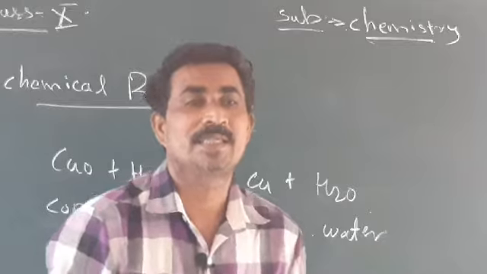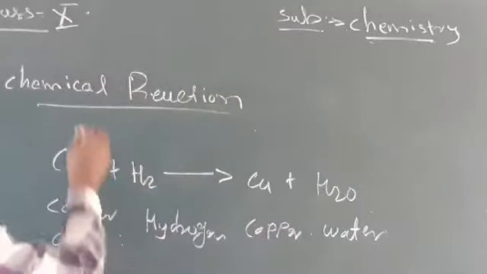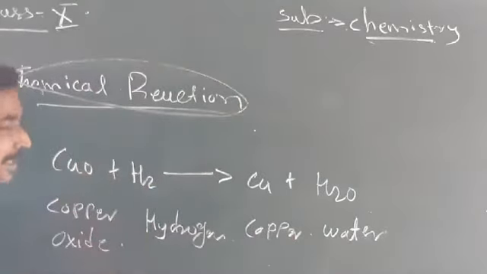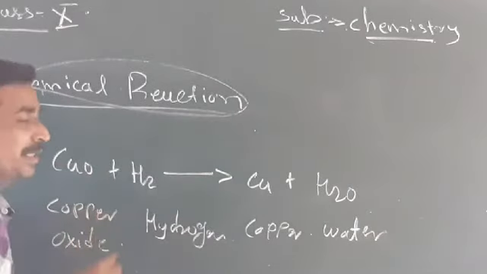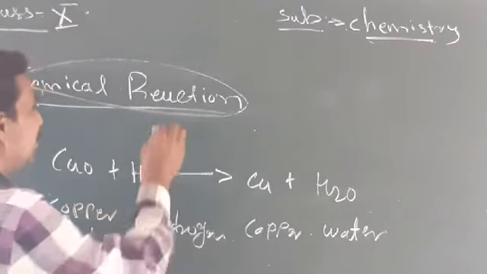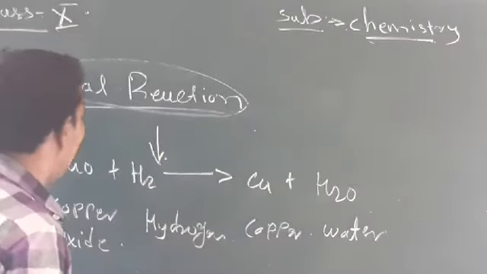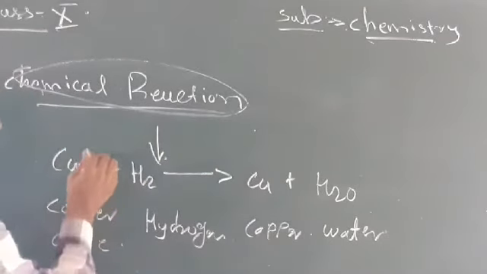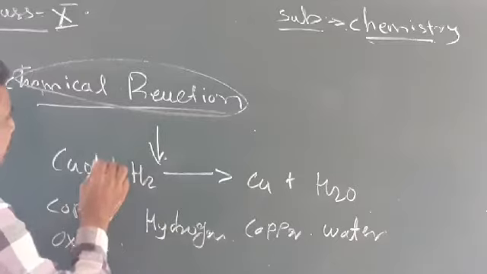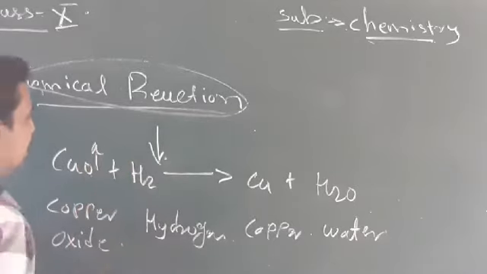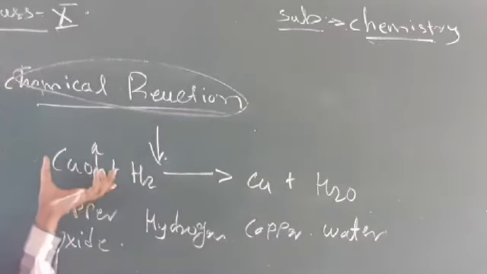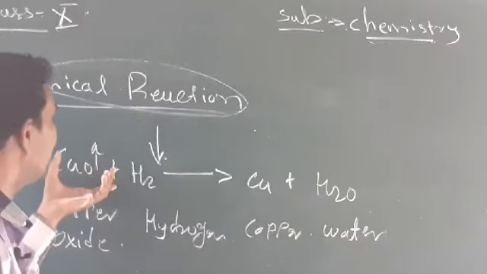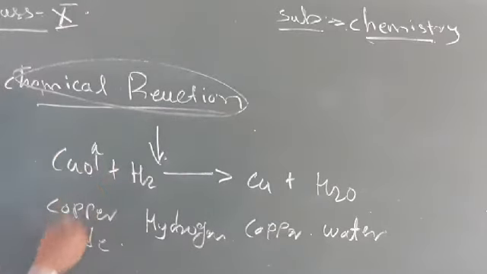Now we want to see how the chemical equation goes on. It is the chemical equation of the redox reaction. In this equation we want to know how hydrogen is added and oxygen is lost, that is, the oxygen goes out. First, the product we got was copper oxide.